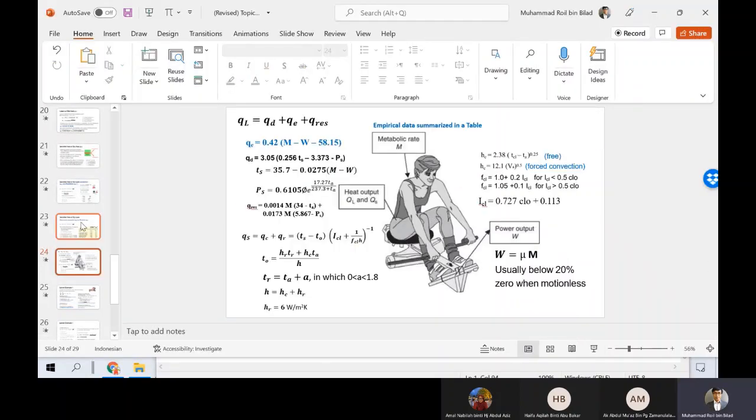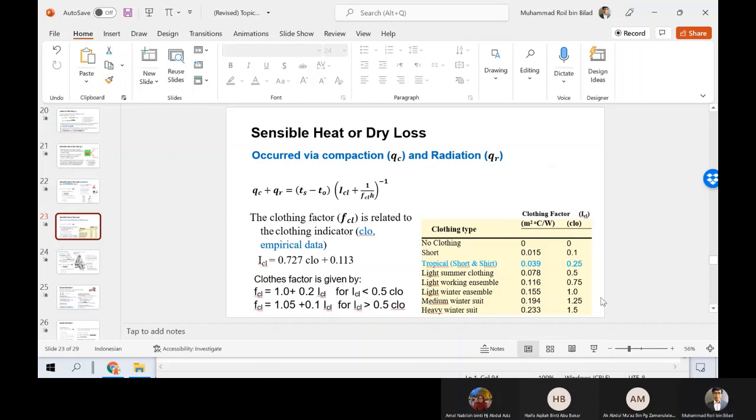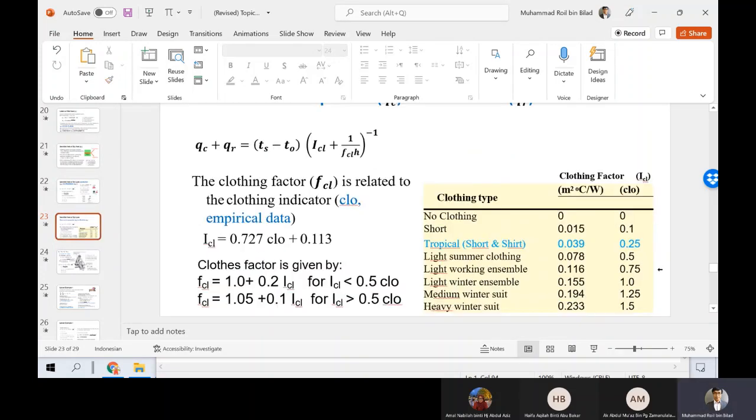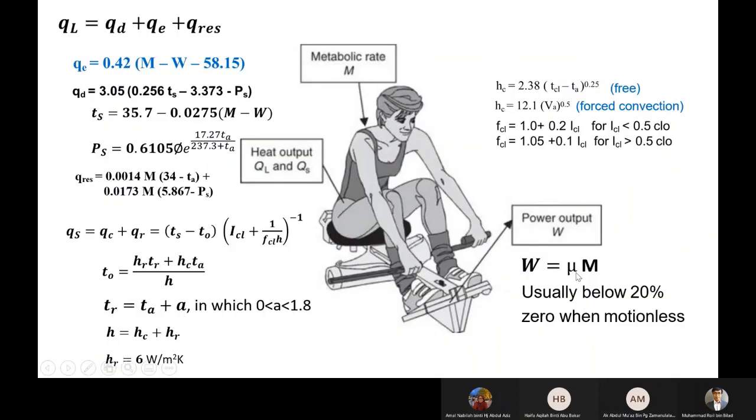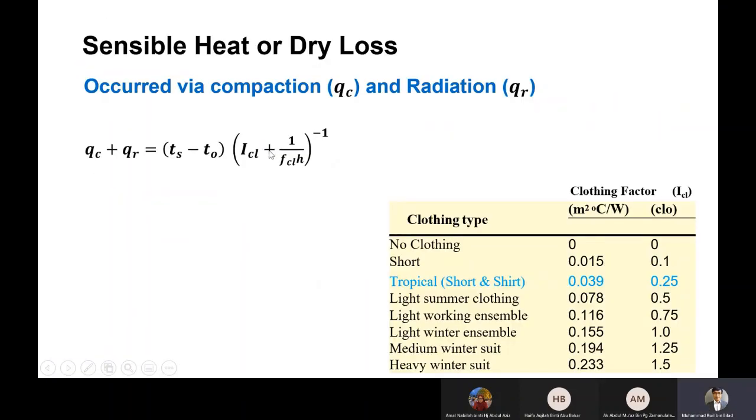I take this value. Most of the time, I think you will use this value, light summer clothing, because we are in the tropics, so more or less 0.5.